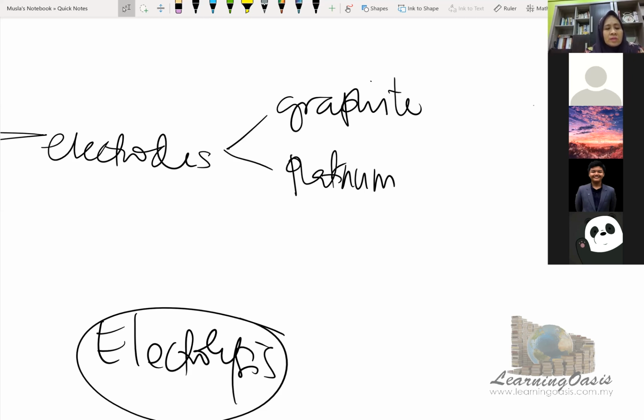They are the delocalized electrons. Why? Describe graphite. It's made up of hexagonal carbon layers, each carbon bonded to 3 other carbon in a hexagonal layer.